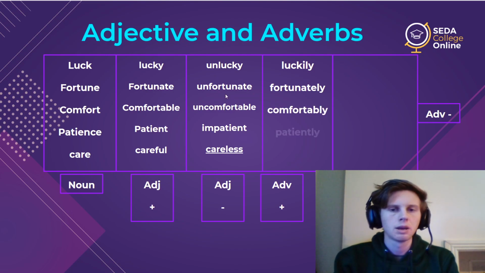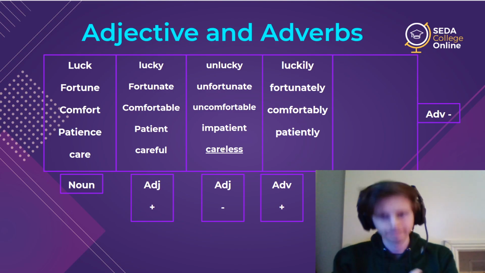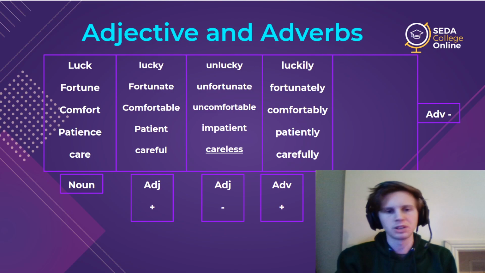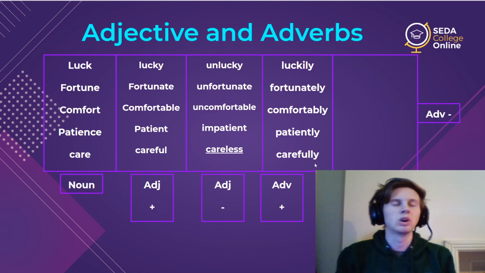Comfortably, patiently. But of course, what do we do here? Is it the same? It is. Carefully, we go back to the positive and we add ly. So the ly suffix is very, very common. It will work for almost all adjectives.